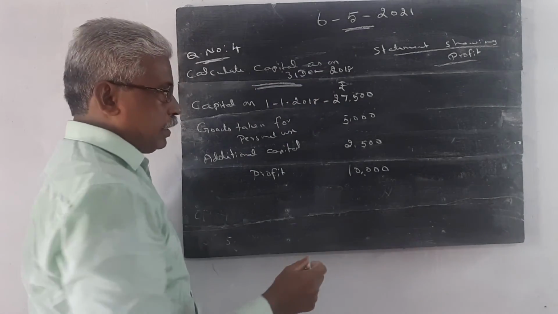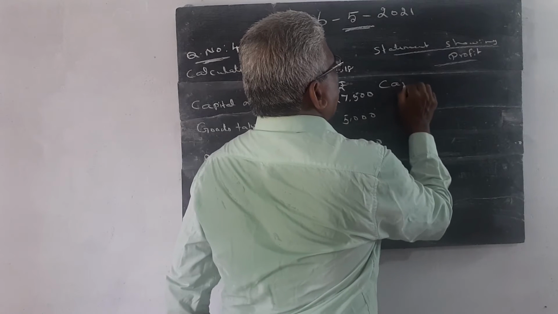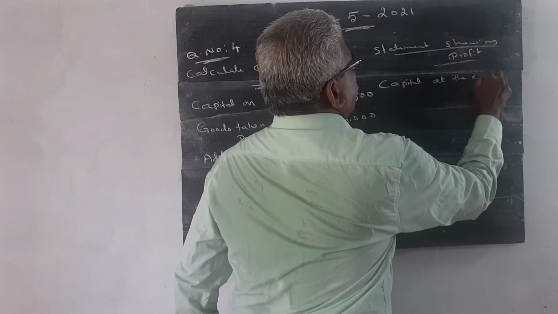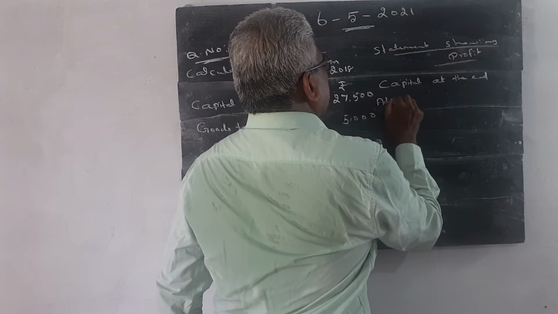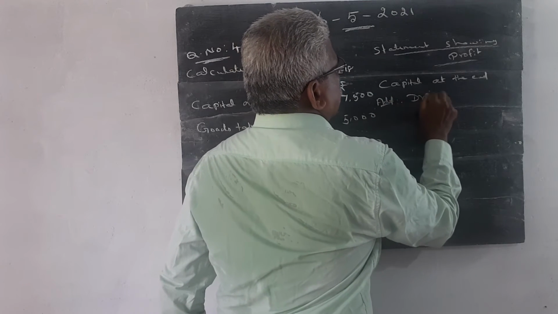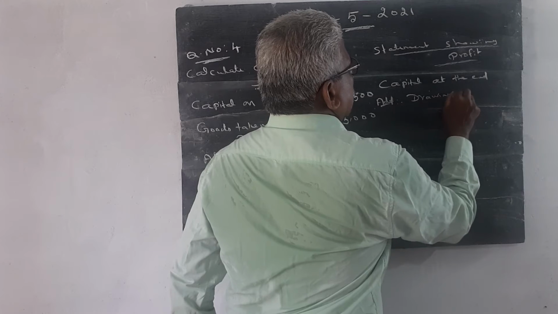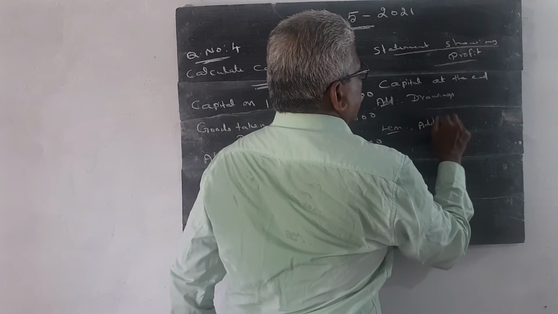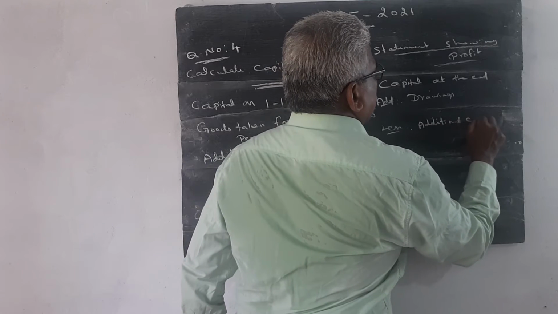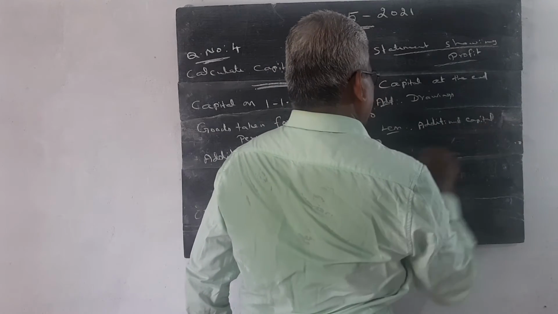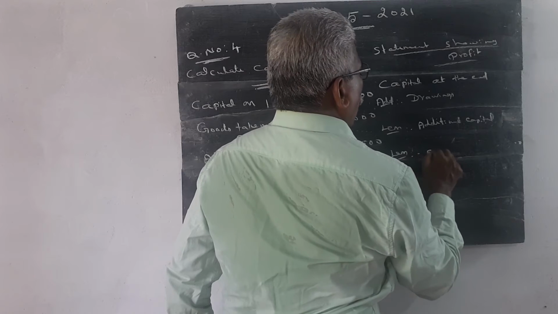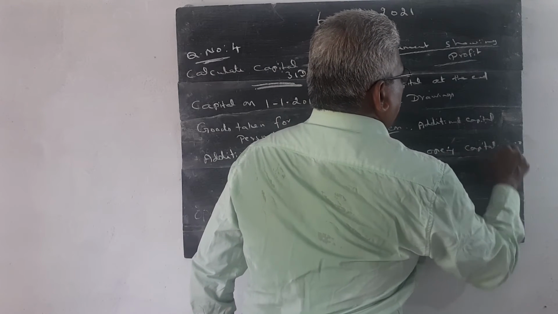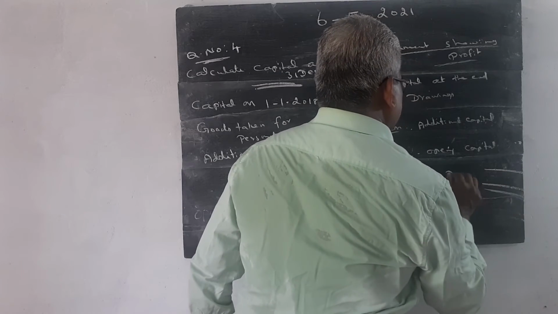First we write capital at the end, add drawings, less additional capital, less opening capital. Then the profit is also given in the question.